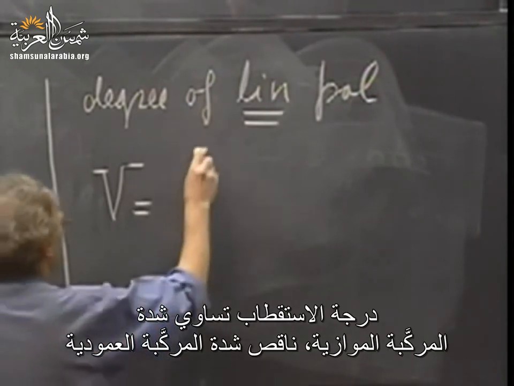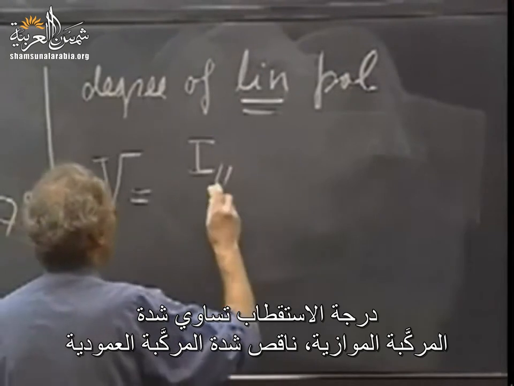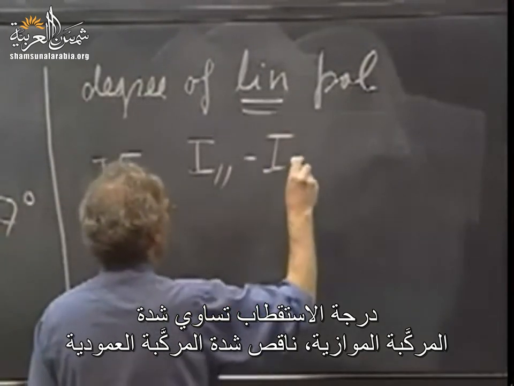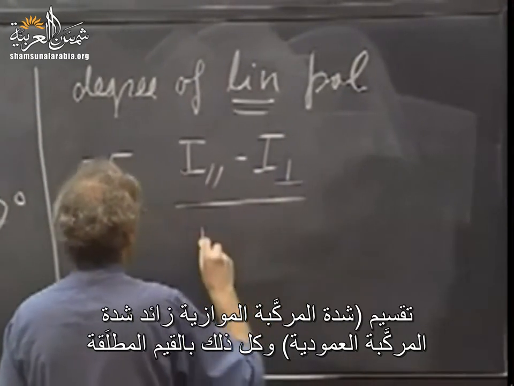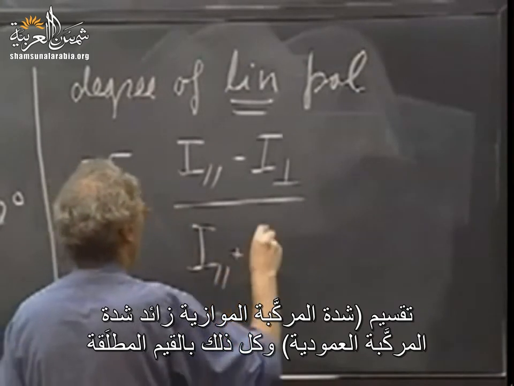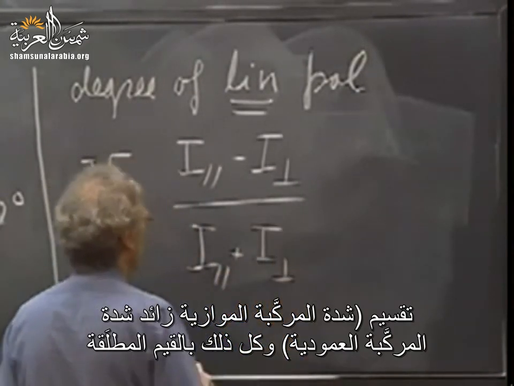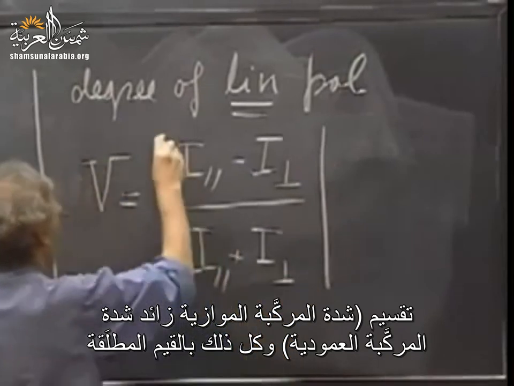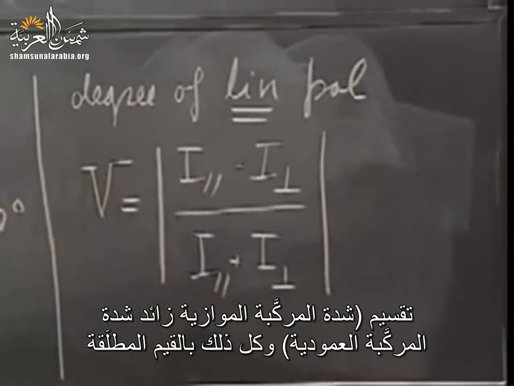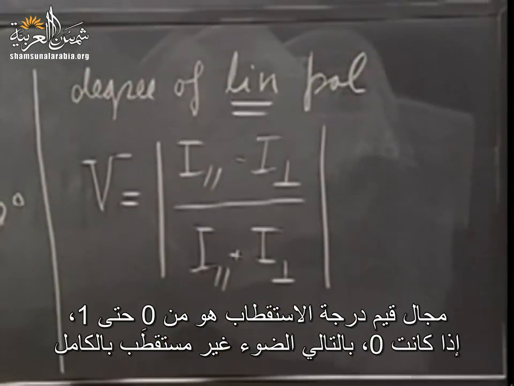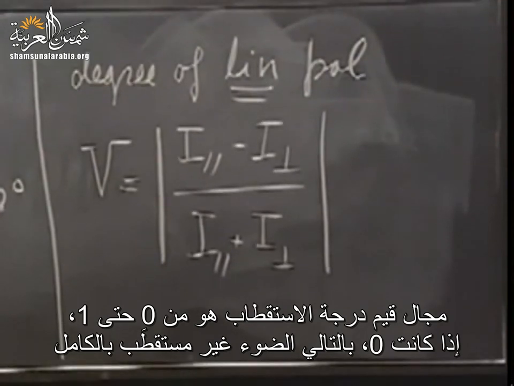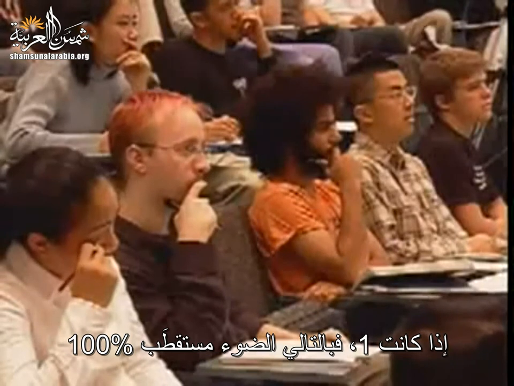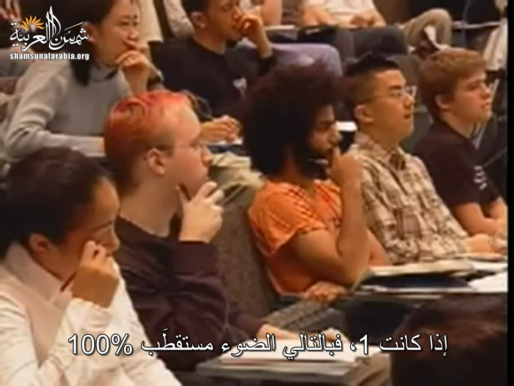And I define that as the intensity of the parallel component minus the intensity of the perpendicular component divided by the intensity of the parallel component plus the intensity of the perpendicular component. And I take the absolute value. This number can be anywhere from 0 to 1. If it is 0, it's totally unpolarized. And if it is 1, then it is 100% linearly polarized.